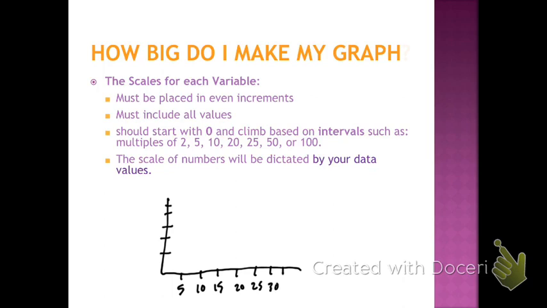And then I can go by twos here, 2, 4, 6, 8, 10, right? So these are intervals by 2, whereas this is intervals by 5. The intervals have to be the same. Okay? And you determine the intervals by the data that's given to you.